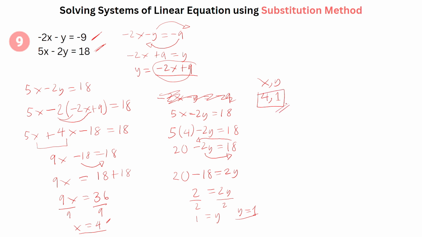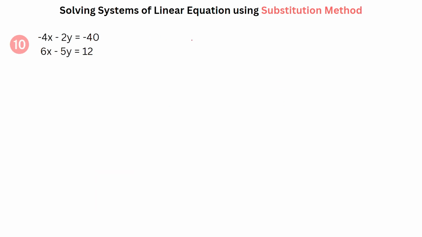Okay. Now we're done with our last solving. So we have here, number 10, negative 4x minus 2y equals negative 40. And then 6x minus 5y equals 12. I guess this one might be a bit harder, right? Because we don't have a variable with a coefficient of 1. But considering the given, the first one could be easily used for the substitution.